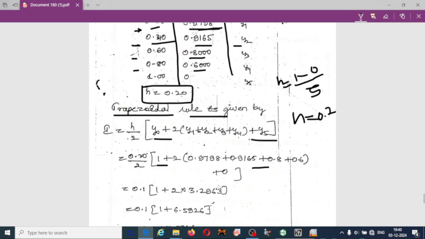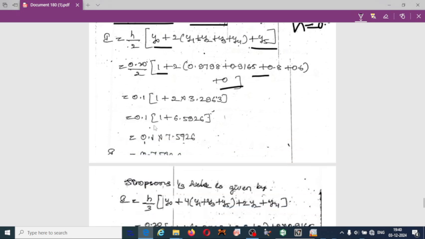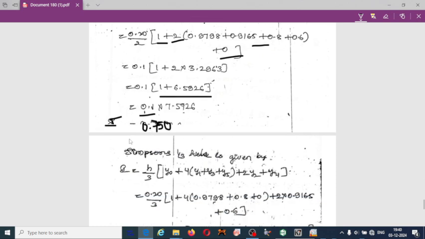Y5 is what? 0. Then add all these terms and multiply with 2 inside the bracket. Then finally you should multiply by 0.1. You will get the required answer for trapezoidal rule, 0.750. So this is the value obtained from trapezoidal rule.